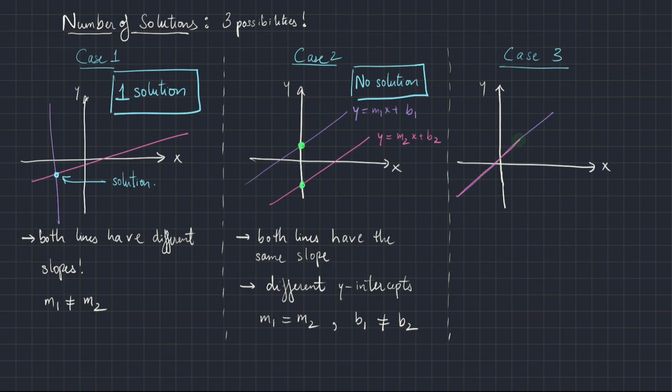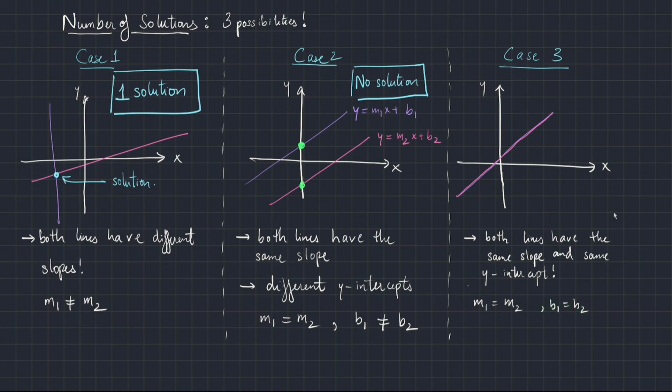It's basically going to coincide with my first line. So in this situation, both lines, of course, since they're the same line, have both the same slope as well as the same y-intercept. And therefore we can say that m1 equals m2 and b1 also equals b2.